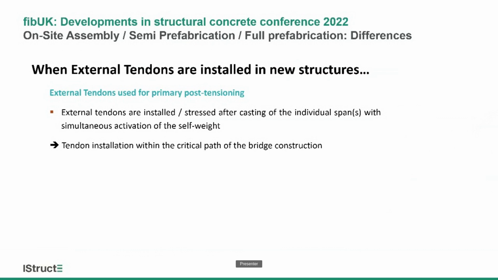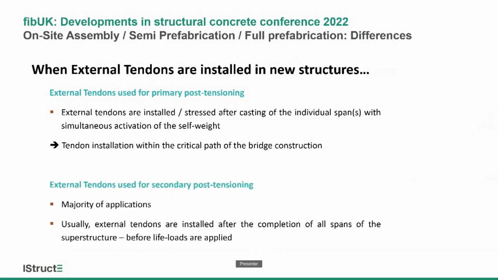For the new structures, we have to differentiate external tendons used for primary post-tensioning and external tendons used for secondary post-tensioning. For the primary post-tensioning, the external tendons are installed parallel to the construction process, so we are really within the critical path of the bridge construction.